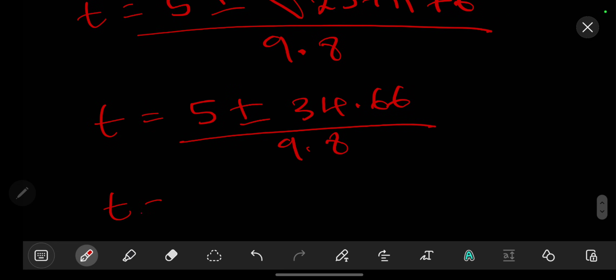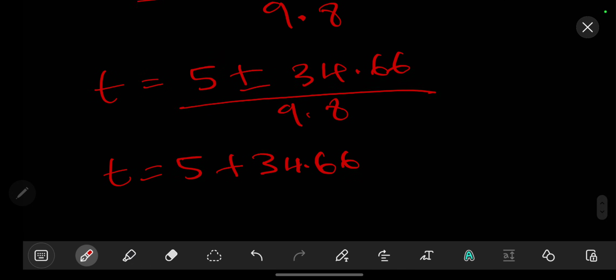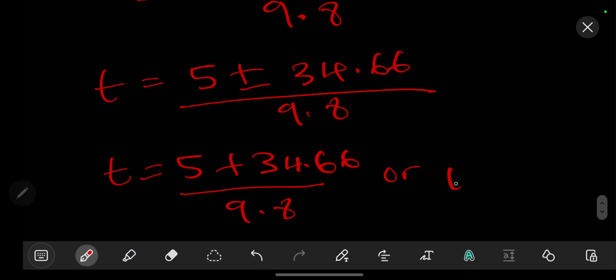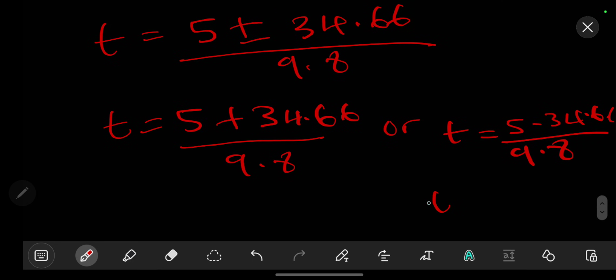So we are going to say t should be equal to 5 plus 34.66 over 9.8, or t should be equal to 5 minus 34.66 over 9.8. So 5 plus 34.66 will give us 39.66 divided by 9.8.